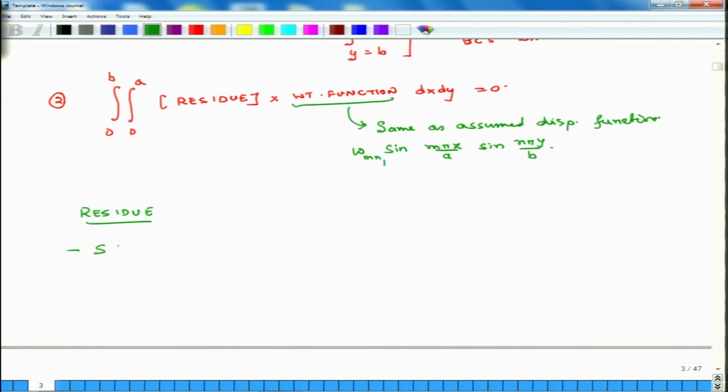So, it is m n pi square over a b cosine m pi x over a cosine n pi y over b plus, and of course I have to multiply it by A m n. So, I will take the A m n outside the bracket, that is not a problem.